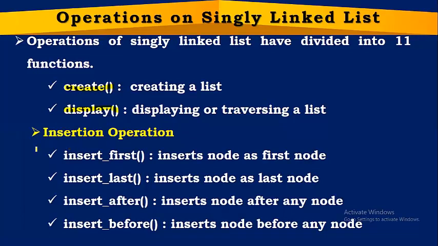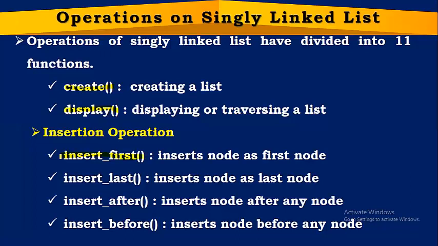Next, insertion operation. As I said, insertion operation can be done in 4 ways: insert at the beginning, insert at the end, insert before a particular node, insert after a particular node. See, insert_first. When you call the insert_first function, it is going to insert a node as a first node.